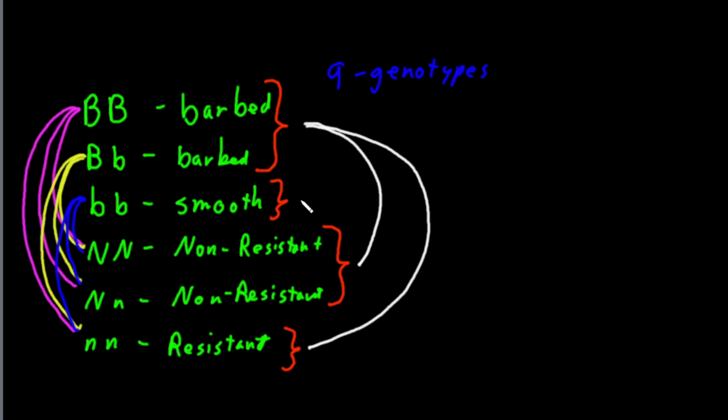And then smooth also could connect with either non-resistant or resistant. And so we have a grand total of 4 phenotypes. All right, and that's all that we're going to do with number 5.